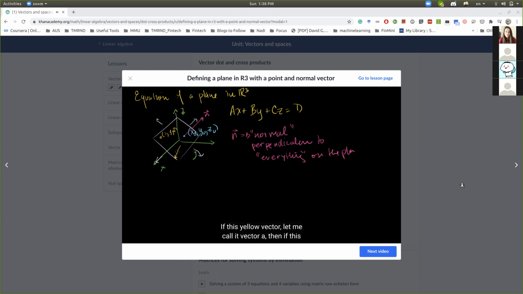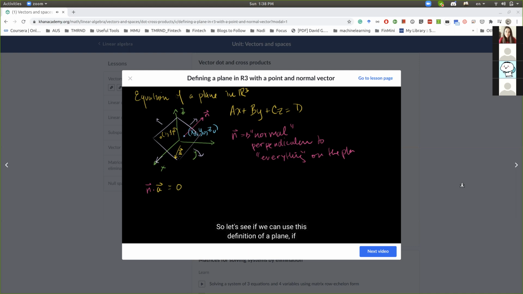Let me call it vector A. If this is just some arbitrary vector sitting on the plane, and this is the normal vector to the plane, we know from our definition of vector angles that this is perpendicular to this if and only if n dot A, the dot product of these two things, is equal to 0. And that's true for any vector that lies on the plane.